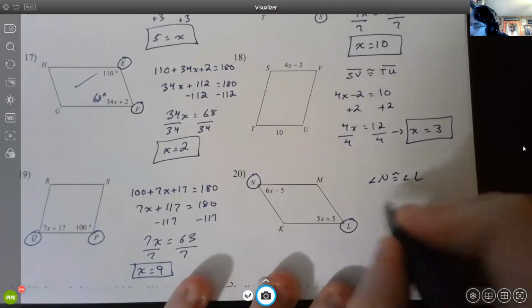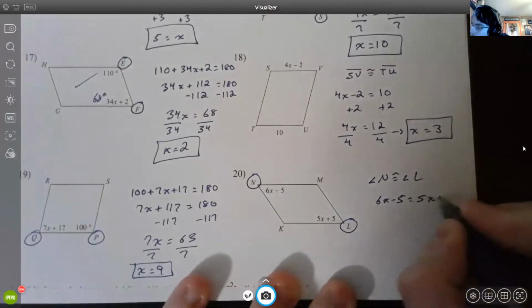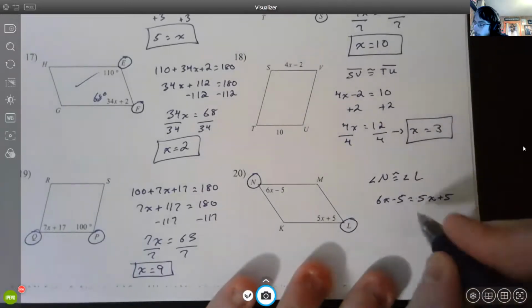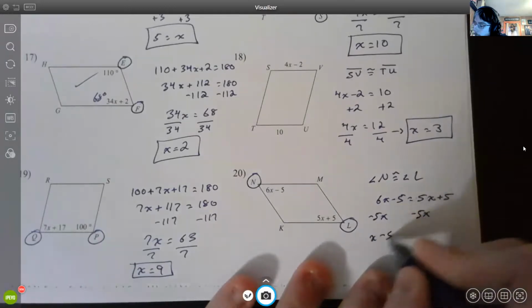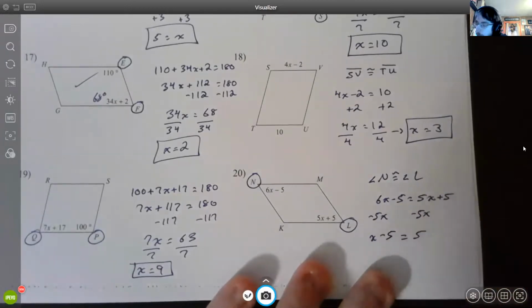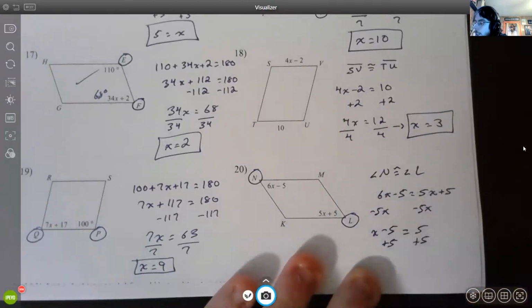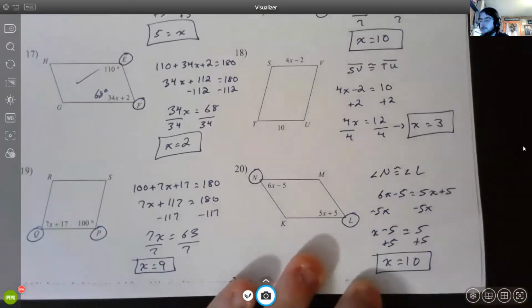So we set 6x minus 5 equal to 5x plus 5. We need to get the x's on one side, so we subtract 5x from both sides, and we get x minus 5 is equal to 5. Add 5 to both sides, and you get that x is equal to 10.